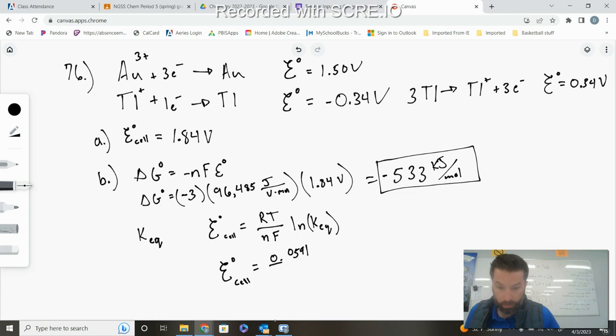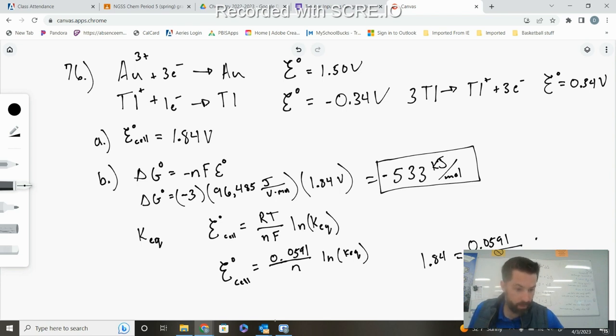0.0591 over N, and then you just do the ln of KEQ. So for this problem, you're going to plug in your cell potential, plug in your N. So your cell potential is 1.84 volts equals 0.0591 divided by, we had 3 electrons, 3, and then ln of KEQ.